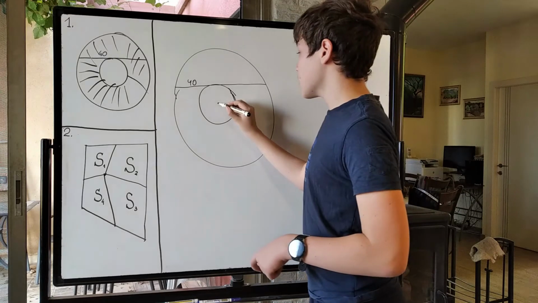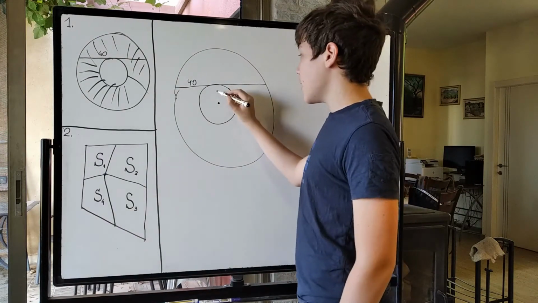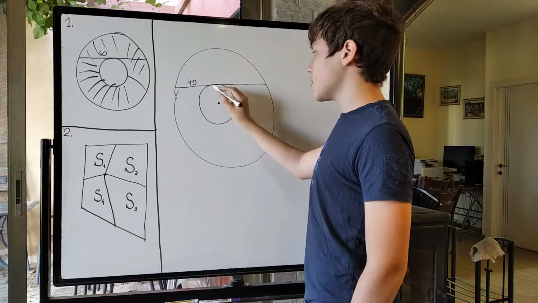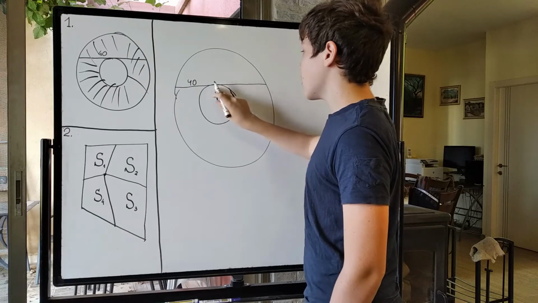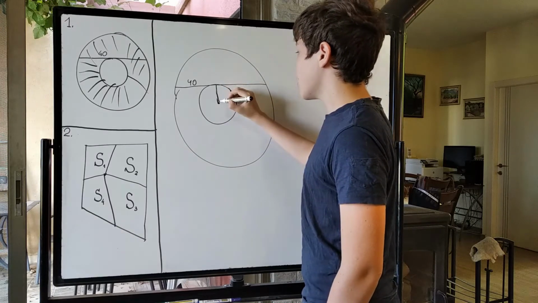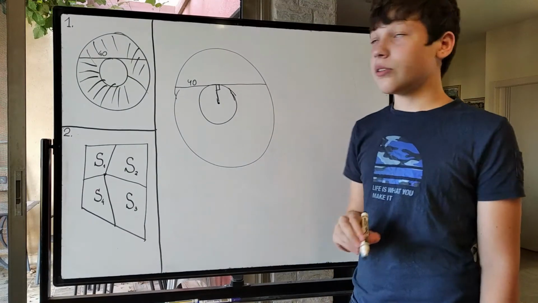So first of all, let's mark this as the center. So we'll be able to say that if this line is tangent, that means that if this is a radius of the smaller circle, this is 90 degrees.